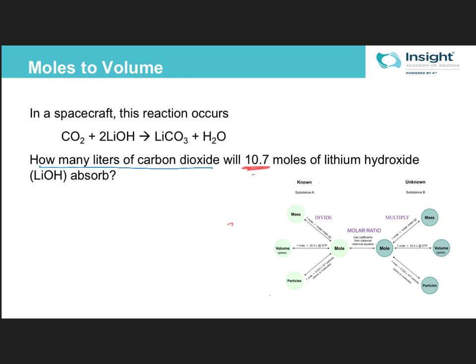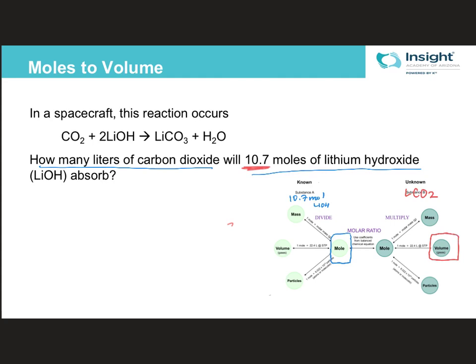And then we know 10.7 moles of lithium hydroxide. So our known substance is the 10.7 mole LiOH, which means we are starting here. It's already in moles for us. Our ending point is going to be liters of CO2, which means we are going to end here.